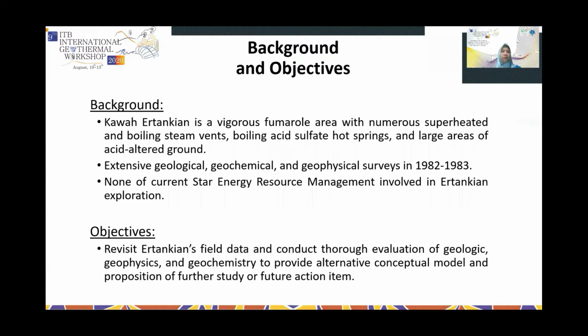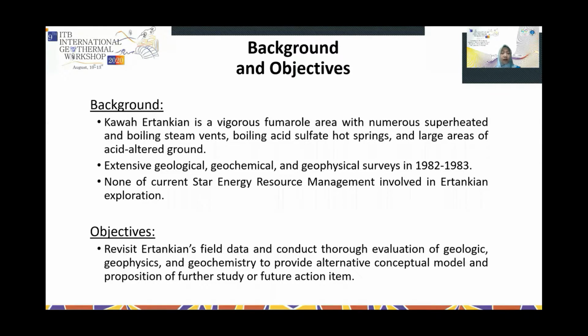This slide shows the background and objectives of this study. The area of interest, which we call Kawah Ertankian, is a vigorous fumarole area with numerous superheated and boiling steam fans, boiling acid sulfate hot springs, and large areas of acid altered ground. Extensive geological, geochemical, and geophysical surveys were conducted in 1982 to 1983.